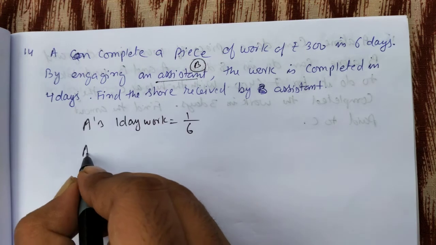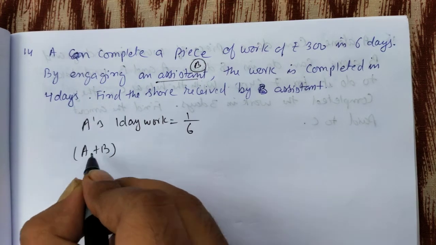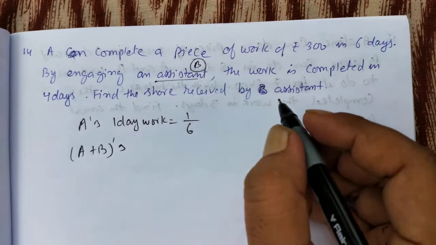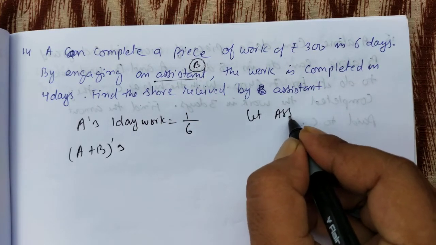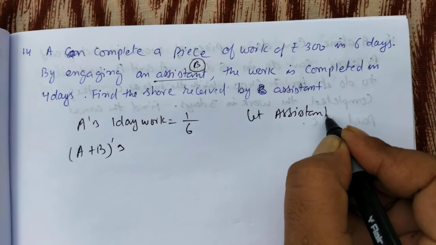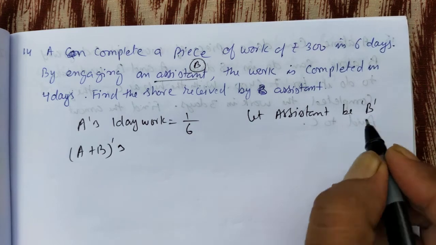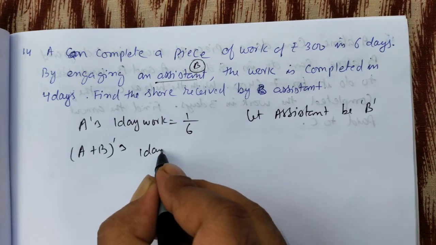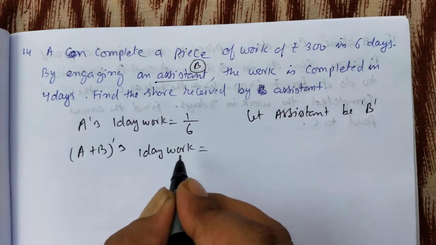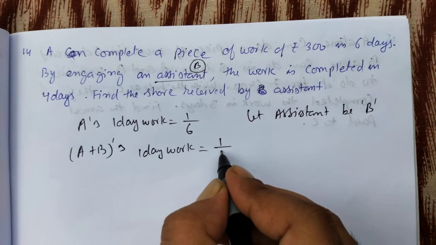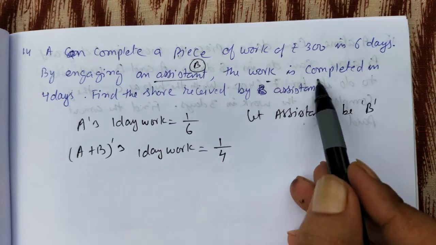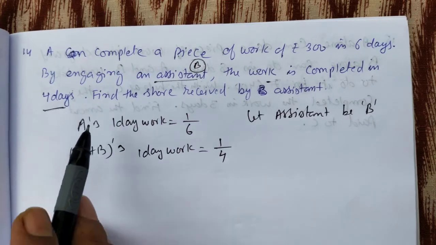Means A plus B together. If assistant is joined, they finish in 4 days. That means 1 day work will be 1 by 4.